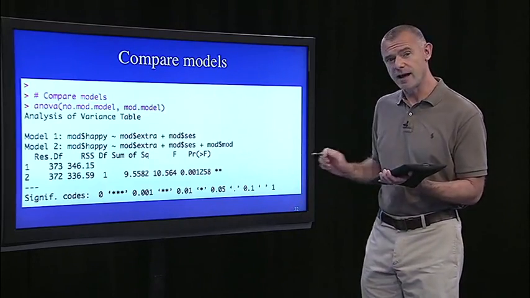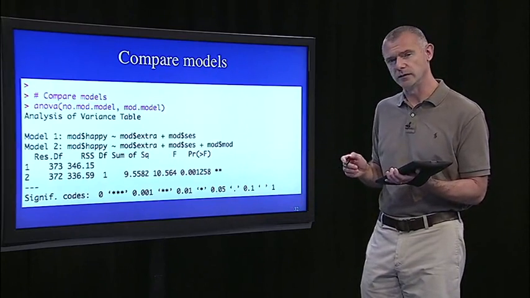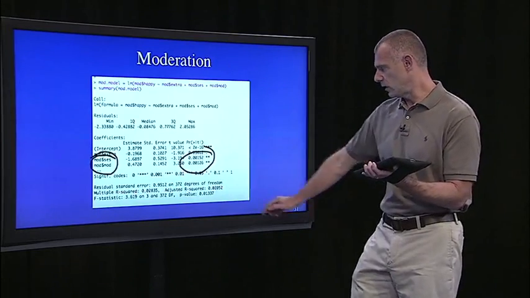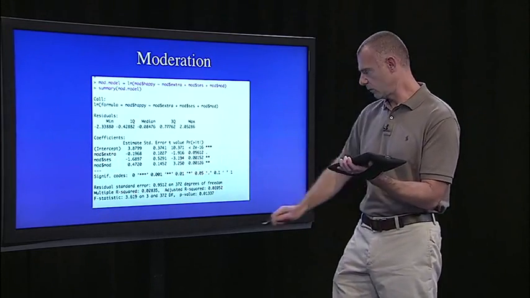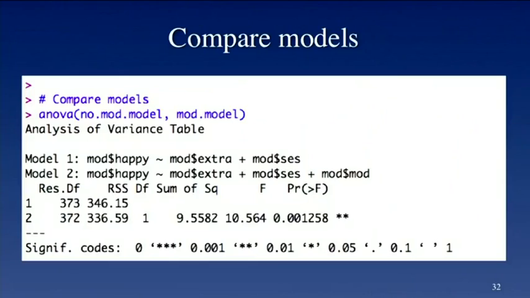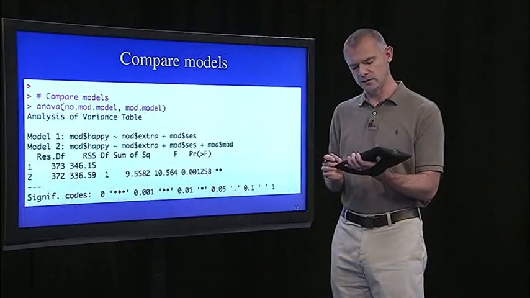You'll also notice that the F ratio here, 10.564, is equal to that t-value, 3.25 squared. So t is a ratio of deviations, and F is a ratio of variances. So F will just equal t squared. And we'll see that next week when we do analysis of variance.